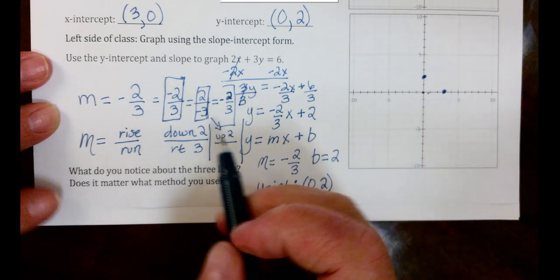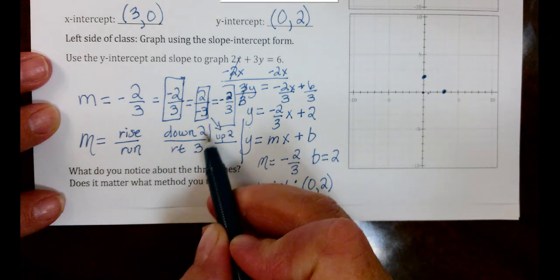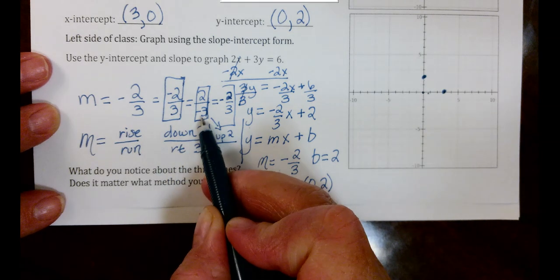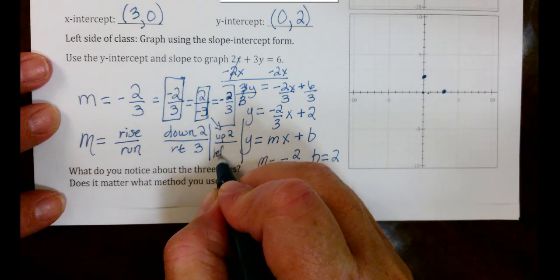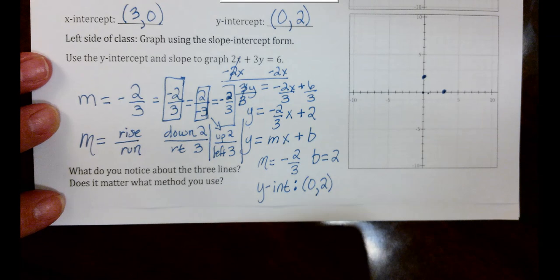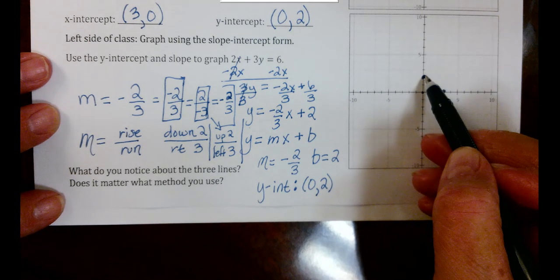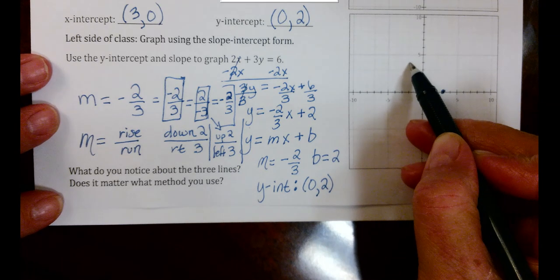And instead of running to the right, if it's positive, this is telling me it's negative, so I'm going to run to the left 3. Let's see what happens when we do that. So again, we're starting back from that y-intercept. We're going to go up 2 and left 3. 1, 2, 3.